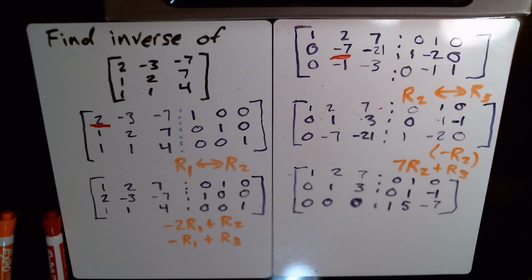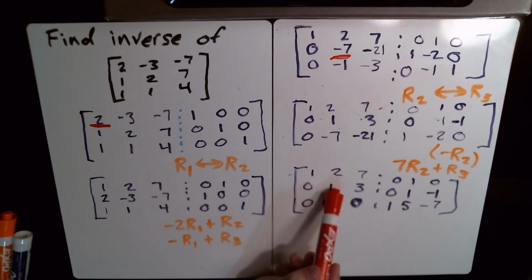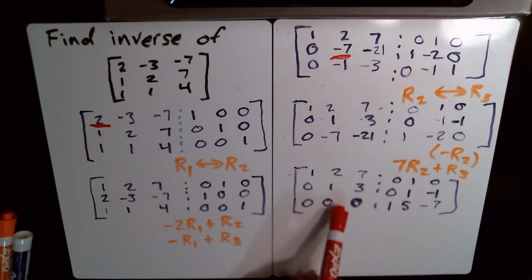Okay, so we're getting close. In fact, we're actually basically done with this problem, but I'll show you why. So if I were to continue this process, right, I have 1s here and here now, and I have 0s below them, okay?